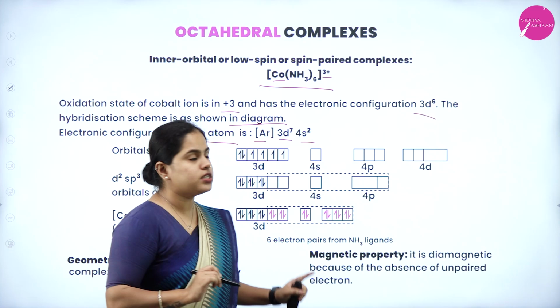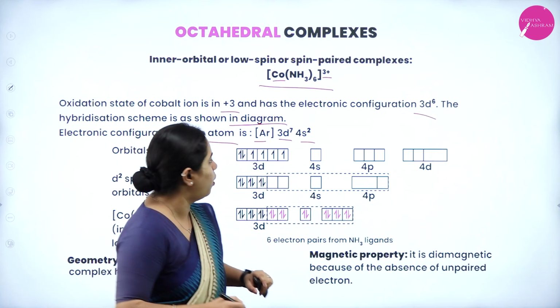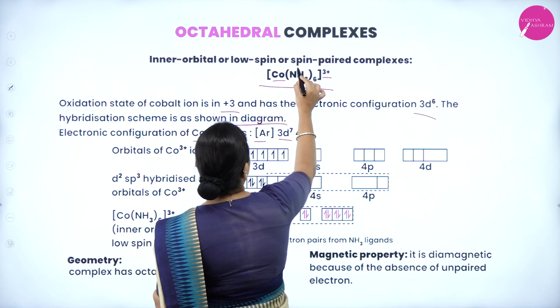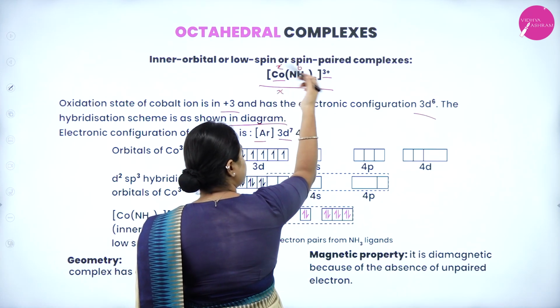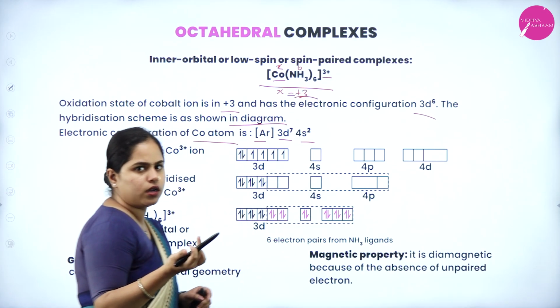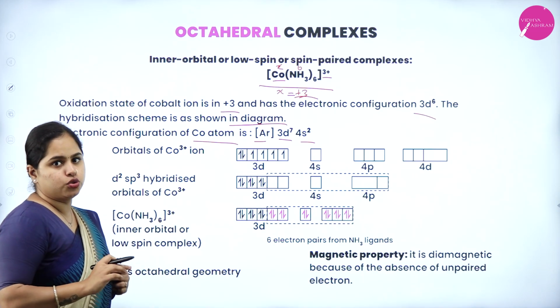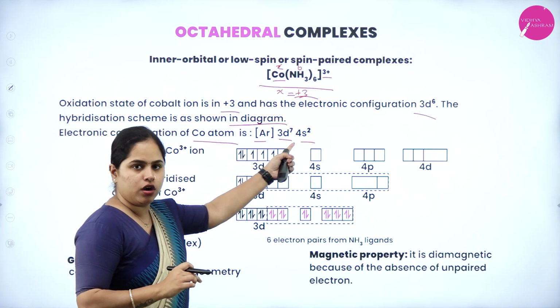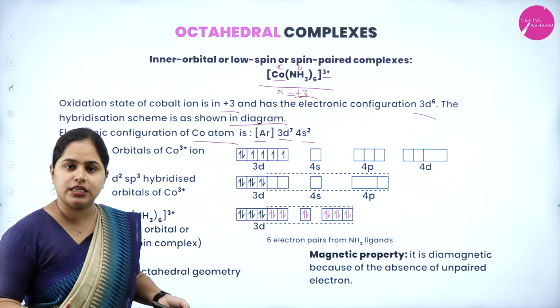Now we have to calculate the oxidation number of cobalt in this particular coordination compound. As you can see here, ammine is neutral, and this is x. So x plus 0 will be equal to the charge, which is +3. So calculating the oxidation number is simple in this case. The electronic configuration written here is in the ground state. Now in which oxidation state is our cobalt?